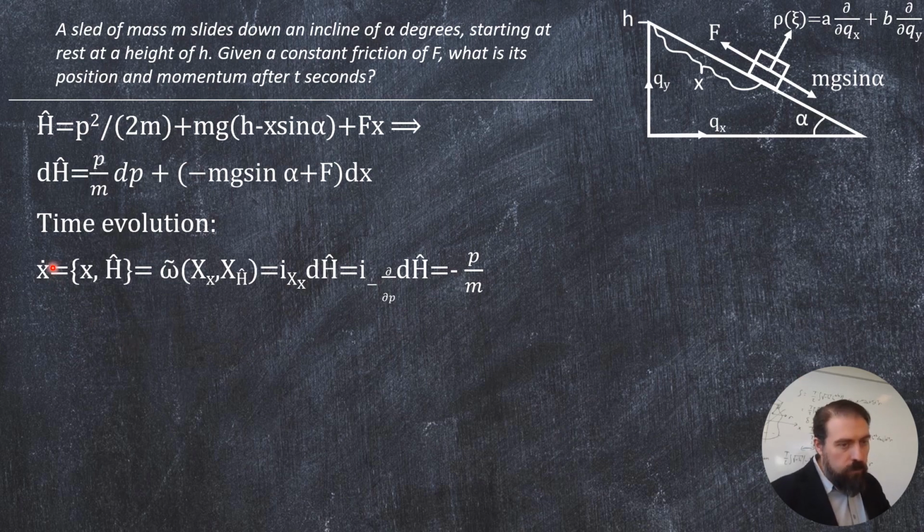So x dot, time derivative of x, is Poisson bracket of x with h hat, which is omega tilde. That was our new symplectic form with respect to the Hamiltonian vector field of x and the Hamiltonian vector field of h hat.